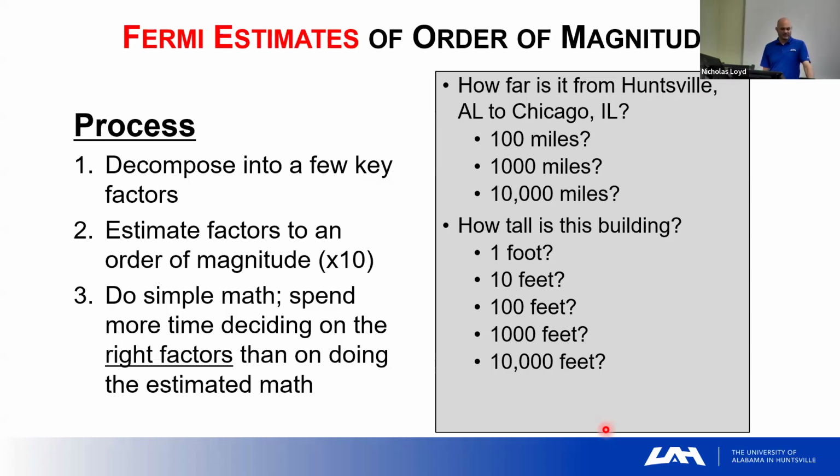His philosophy was, if you can get within a factor of 10, an order of magnitude, and you've estimated enough variables, then your overestimation and underestimation will probably get it pretty close, or close enough to at least help you make some quick informed decisions at a high level.